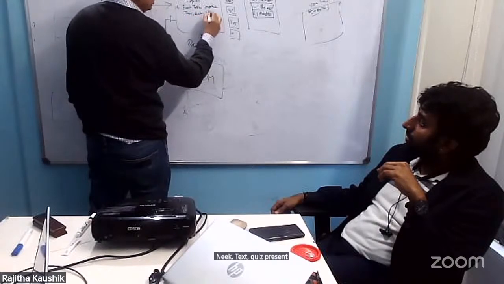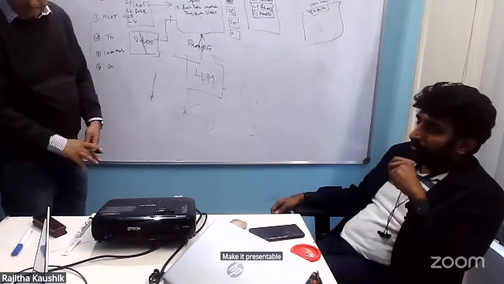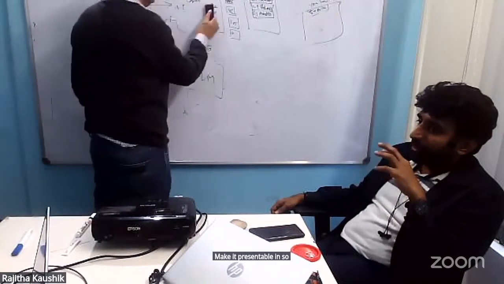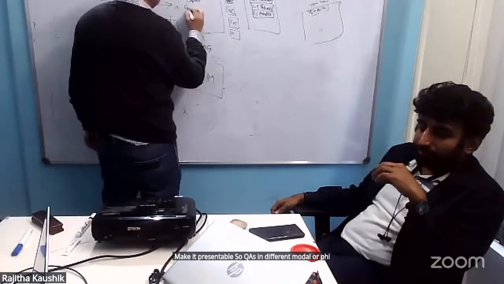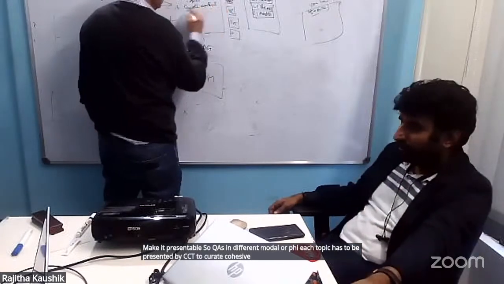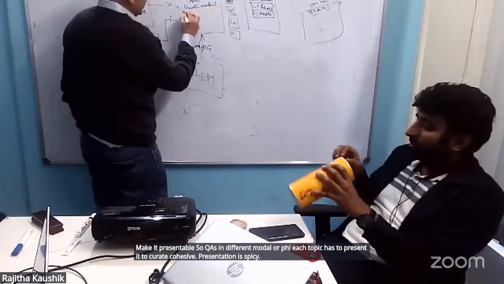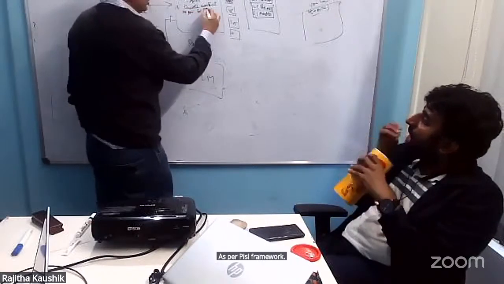No, wait. Each topic, make it presentable in different modes. Each topic has to be presented in 5C. So curate the same topic, and the presentation is 5C, as per the 5C framework.